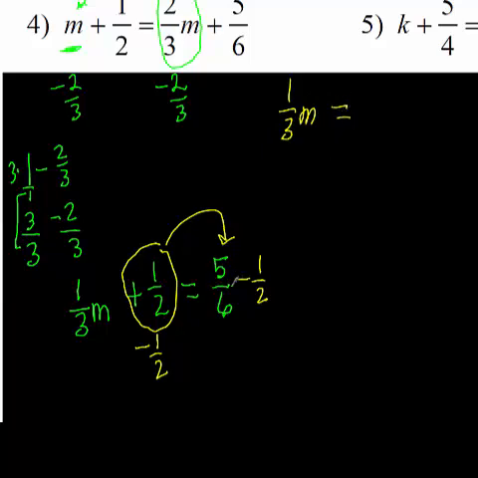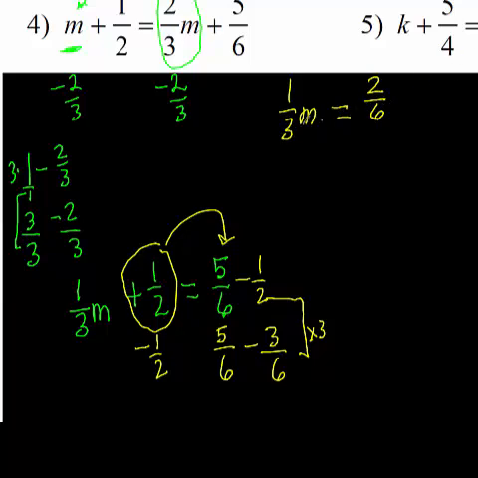To get a common denominator between 6 and 2, the common denominator is 6. So this is still 5/6. Getting the 2 up to a 6, we multiply by 3, so 1 times 3 gets me to 3. Well, 5 minus 3 is 2, so that gets me 2/6. I'm just going to leave that for right now. We don't need to simplify.